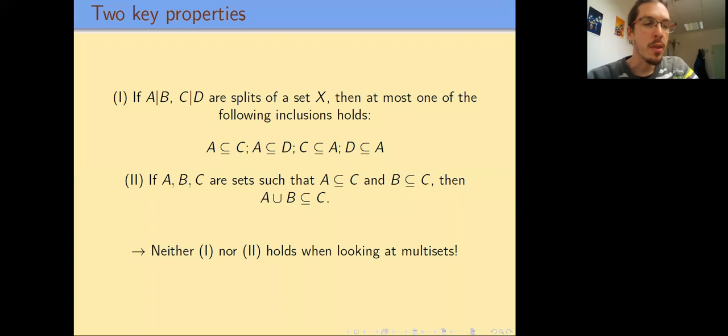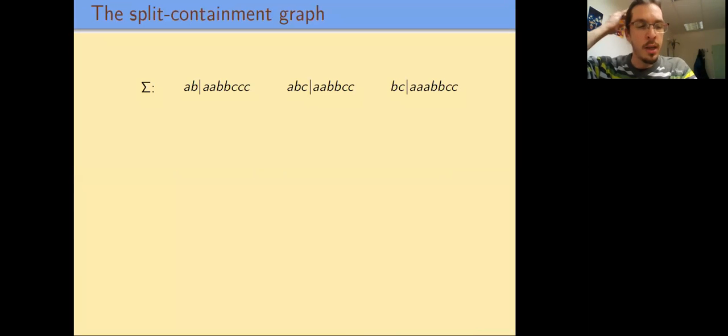So we need to find some situation in which we can get some equivalence to these two properties. The first thing we looked at, because we are looking at set inclusions, is that we introduced a graph from a split system called the split-containment graph.